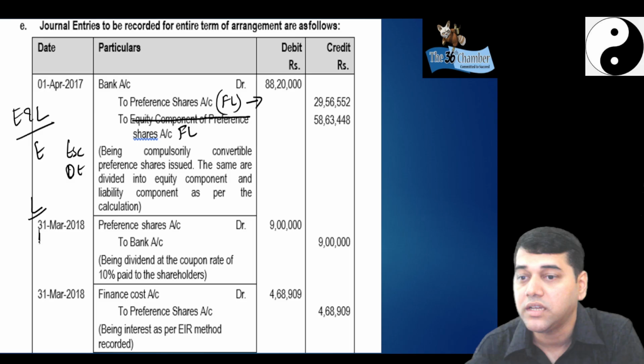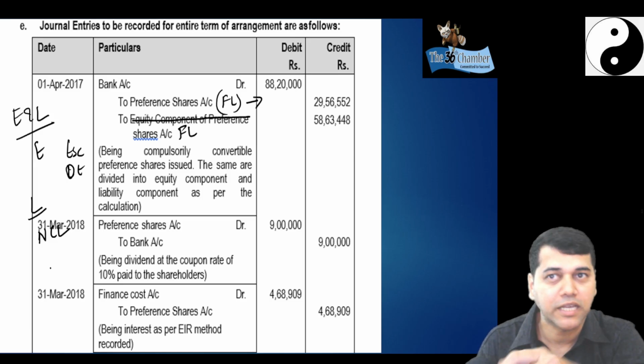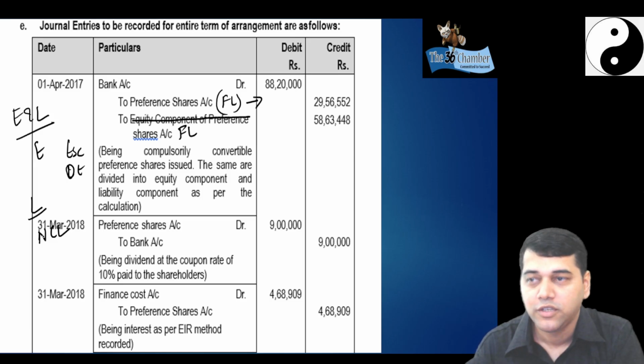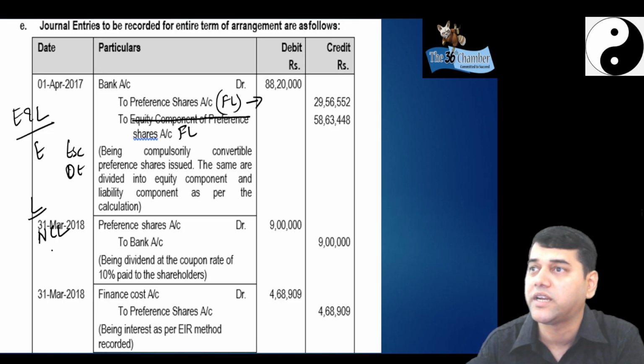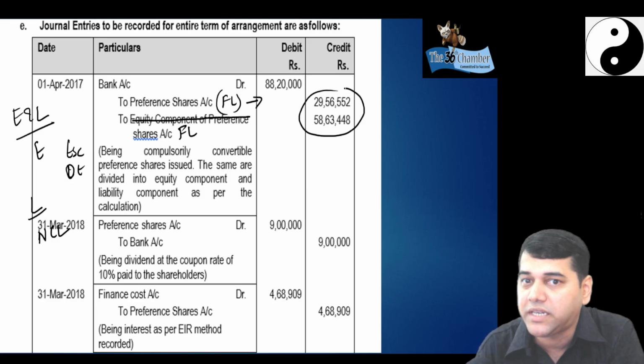Under liability, it's called non-current liabilities. Understand now? Since we have not discussed India's one, not done the analysis, I am just giving you a flavor of how it comes. You have a non-current liability. What is my non-current liability? See, first of all, this entire amount is your liability.